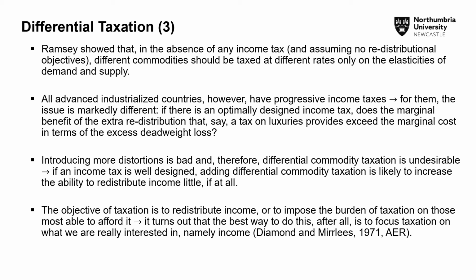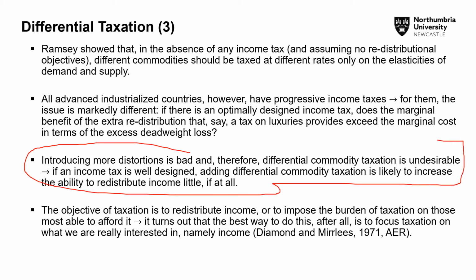So it goes on to be argued that differential commodity taxation is undesirable, and that if an income tax is well designed, adding differential commodity taxation is likely to increase the ability to redistribute income little, if at all. Therefore, it makes no sense from this perspective to tax commodities at a different rate.